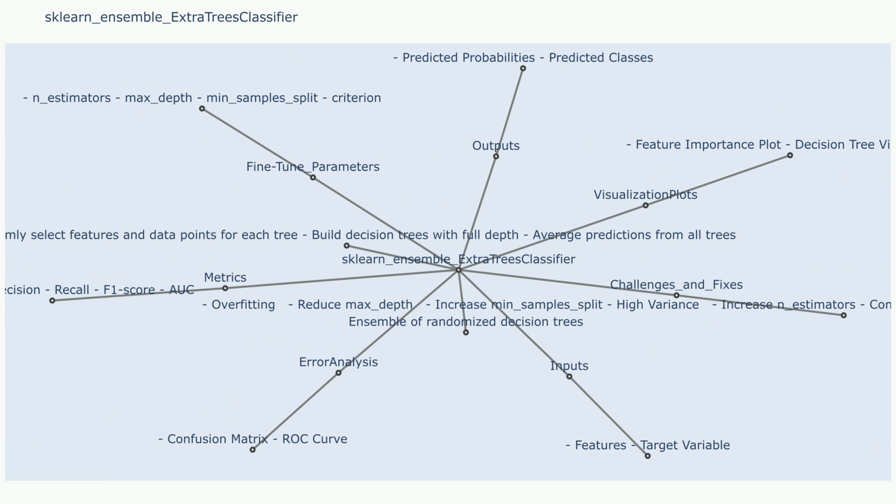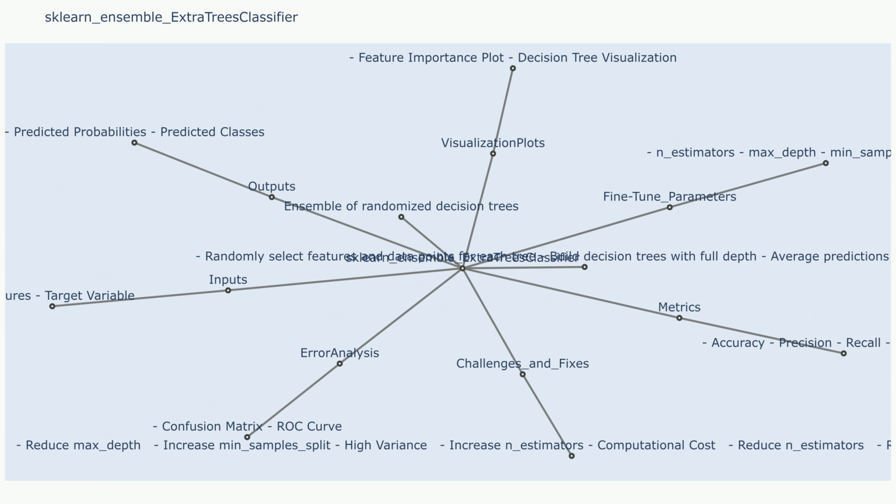Decision tree construction: build a decision tree for each subset of data and features. Prediction for new data: each tree makes a prediction. The final prediction is the average of the predictions of all trees for regression, or the class that is the mode of the predictions of all trees for classification.